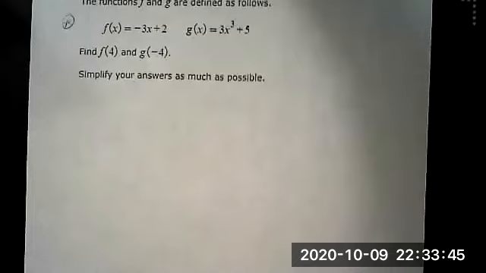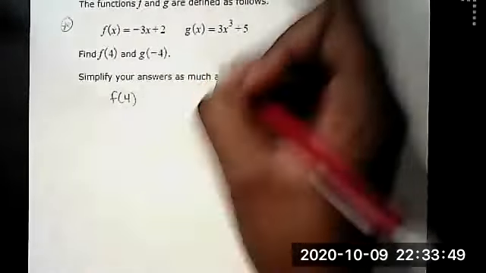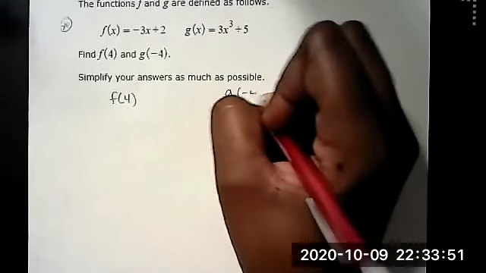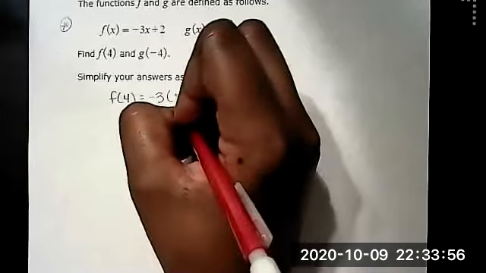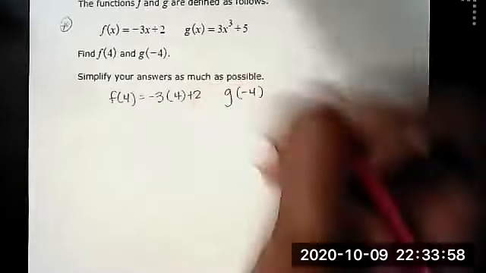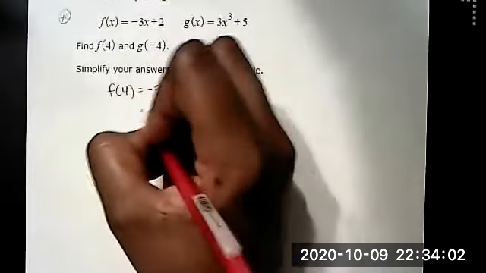Same situation here. So f of 4, and they want g of -4. So I'm just going to replace it. -3 times 4 plus 2. So that became -12 plus 2 is -10.